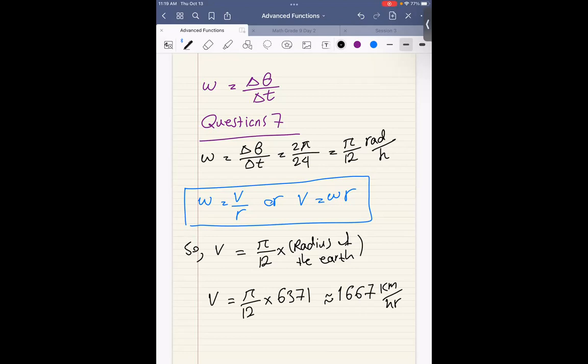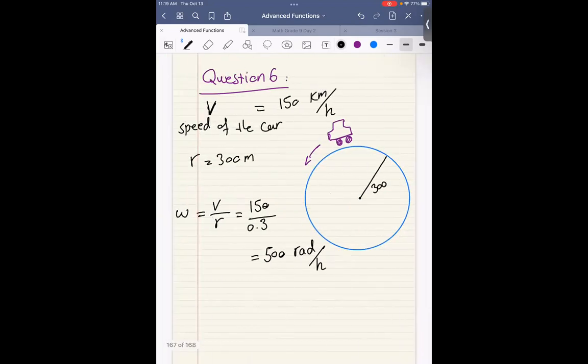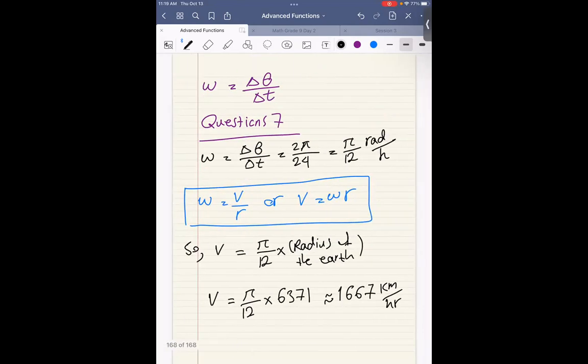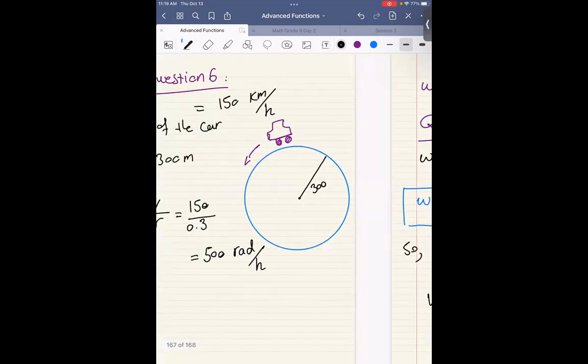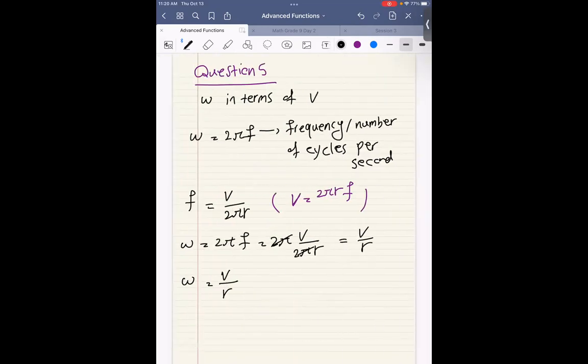Okay. So some lessons from here: what is the meaning of angular velocity? The main concept or definition is the rate of change in the angle with respect to time, or delta theta divided by delta t. There is another formula that describes angular velocity in terms of the frequency.